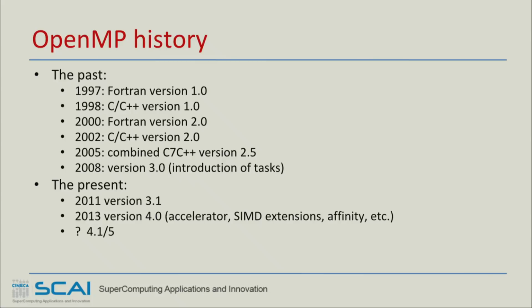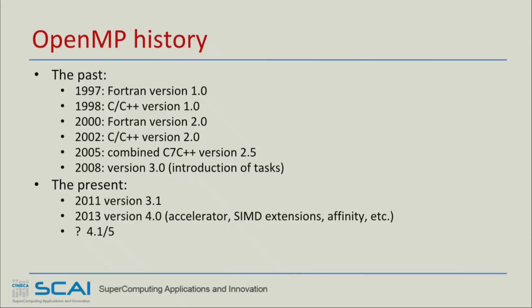The history is now quite old history. The first standard was established with Fortran in 1997. Then we had a continuous evolution with some steps, and in 2005 there was the version supporting C++.